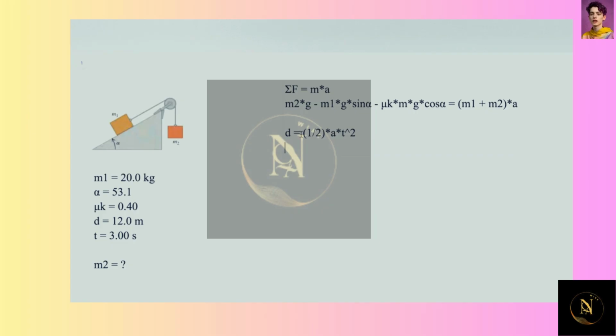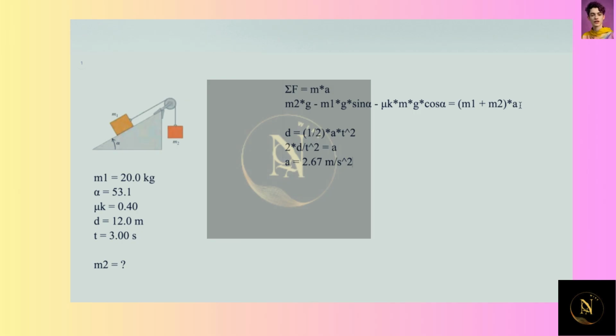We know what d is, and we know what t is, so we want to solve this for a. We get 2d when we multiply both sides by 2, and then divided by t squared, that's going to be our a. Plugging in d equals 12 and t equals 3, we should end up with a equal to 2.67 meters per second squared.